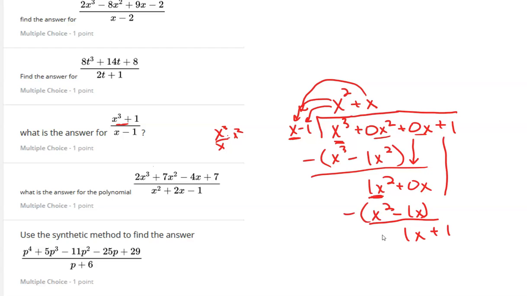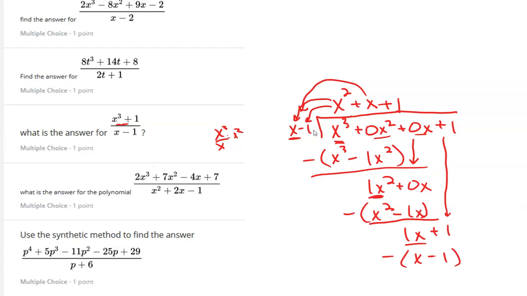I'm bringing that plus 1 down now, my last term. And once I hit the last term, let's do it one more time. How many times does x go into x? Once, right? So plus 1. So you do 1 times x is x, and then 1 times negative 1 is negative 1, like that.